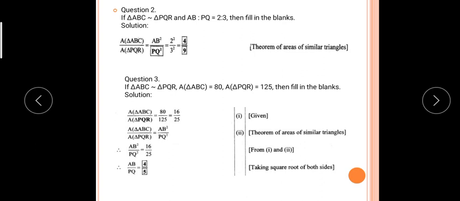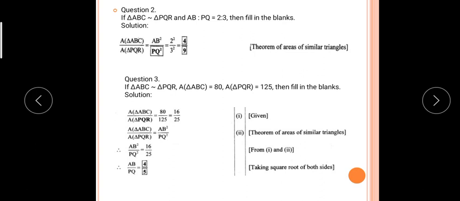Very important. When we have to use this formula, the concept, when the two similar triangles are given. When the triangles are not similar, then use the half into base into height formula to find out the area. Understood, students? Remember, don't be confused. Sometimes in the question only the two triangles, triangle ABC and triangle PQR, AB is equal to 5, PQ is equal to, like that it is given.